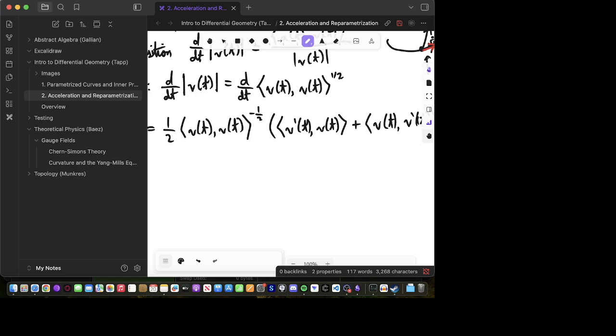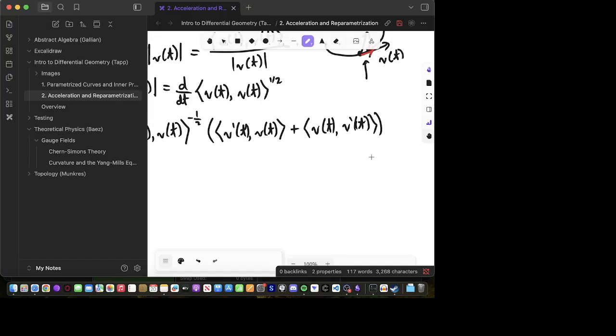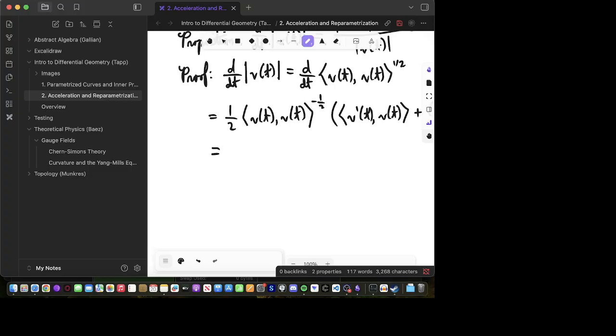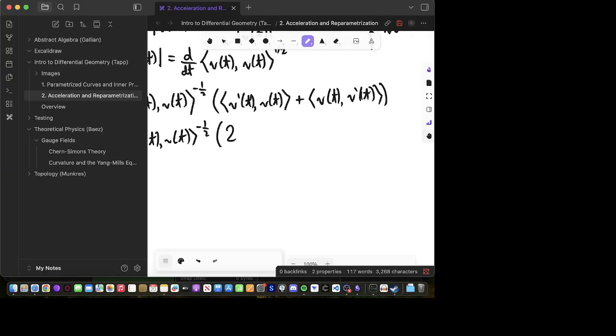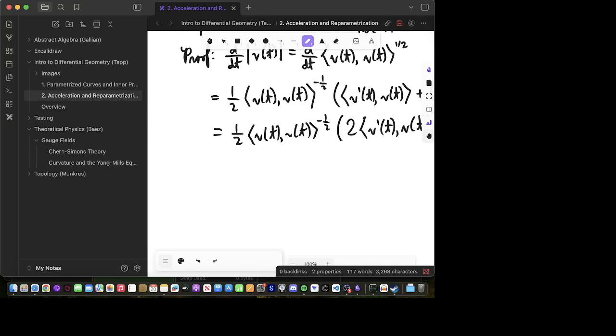And remember that in the real numbers, the inner product is symmetric. So we have 1/2 and then over here we have 2 times v prime of t, v of t. So we can cancel these out, and let's turn this into the denominator.